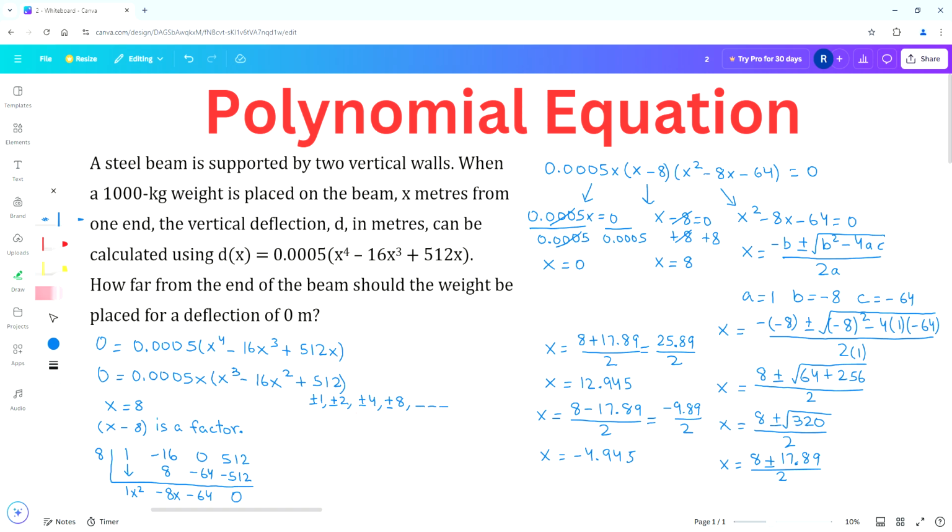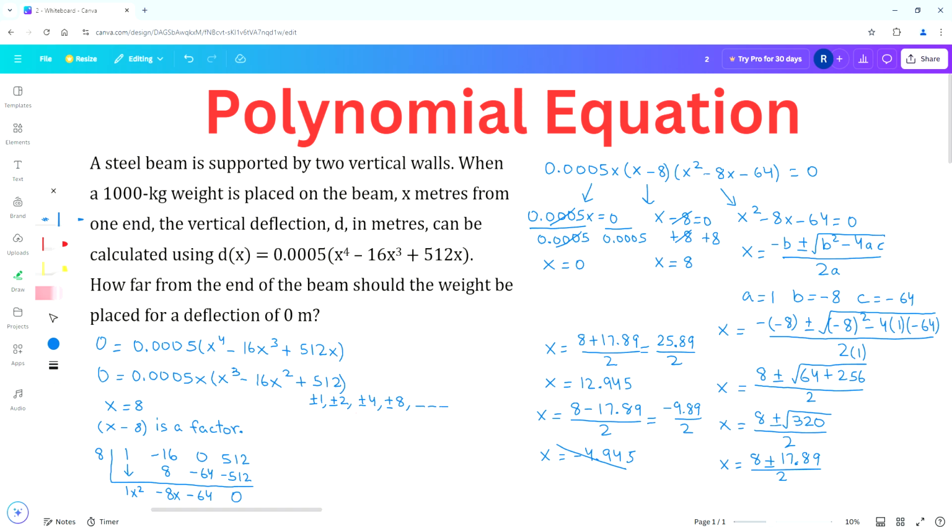So in total, we got 4 x values from the equation. As per the problem, x represents the distance from one end of the beam. x cannot be a negative value. Therefore, negative 4.945 is an invalid answer.